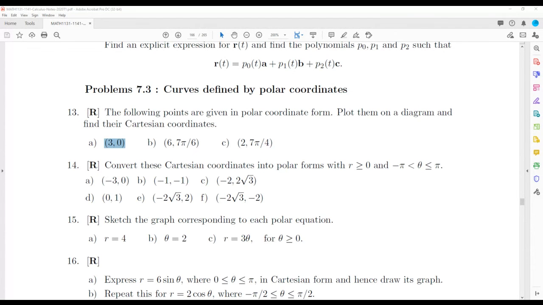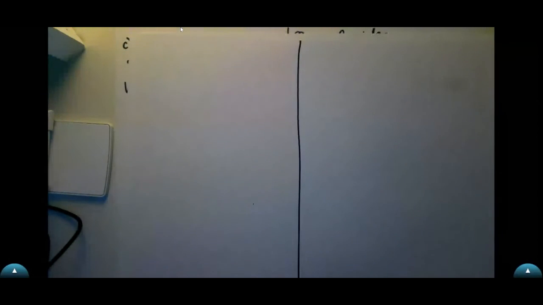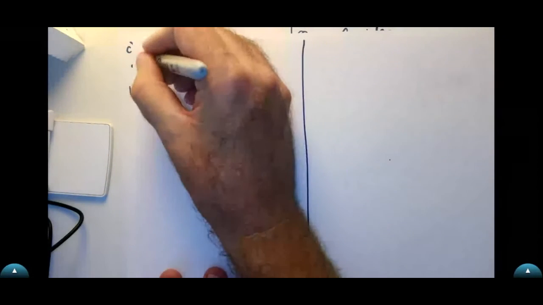So let's do B and C, and I'm going to draw a picture for those ones. I'll go back to my document camera. So this is 13.